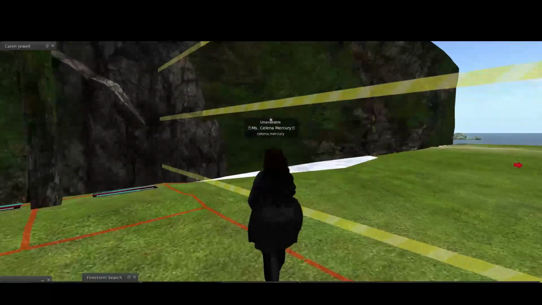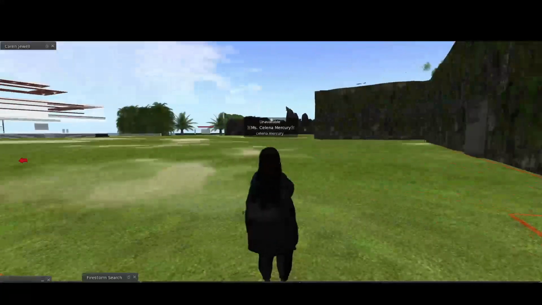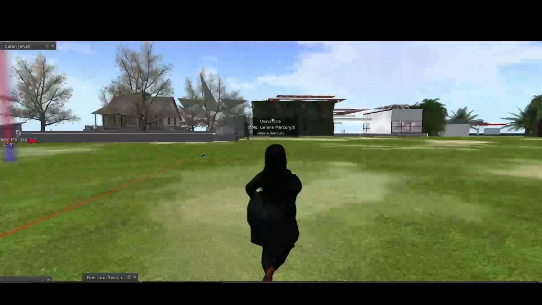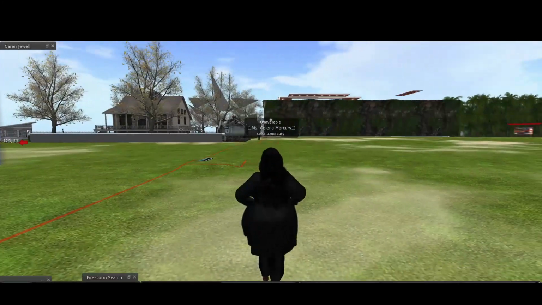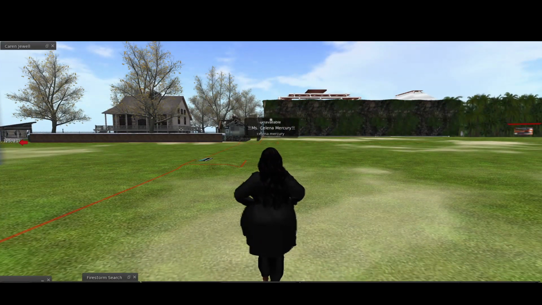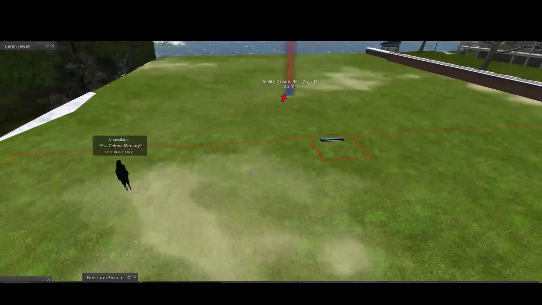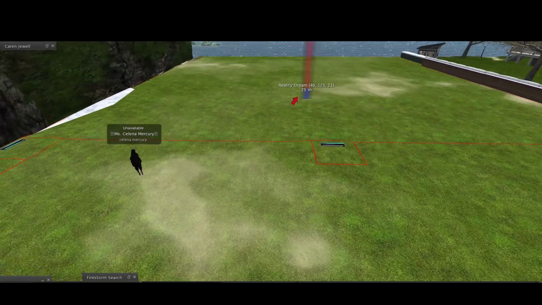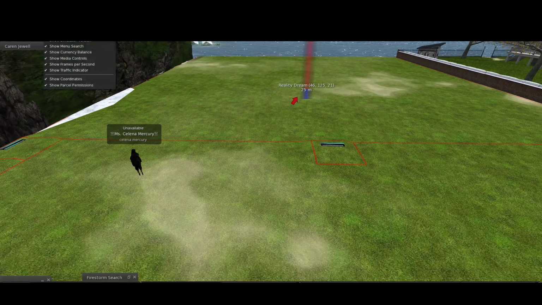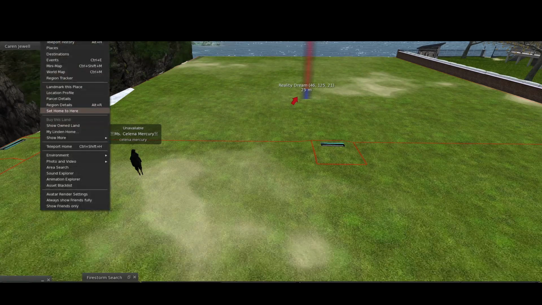The problem with this is that, even though this is listed as for sale, it's not. You're on a weekly tier payment. You're going to buy this land, but it's not really a purchase. You basically purchase the use of the land somewhat, but it is still a rental.